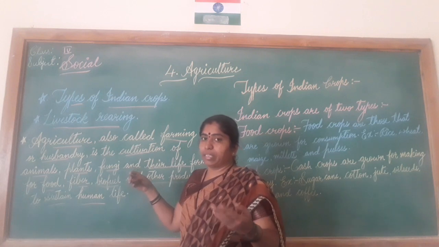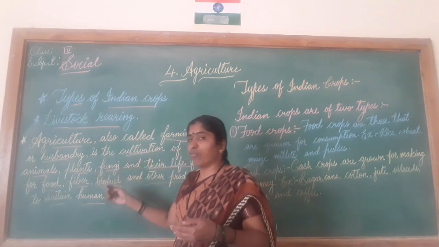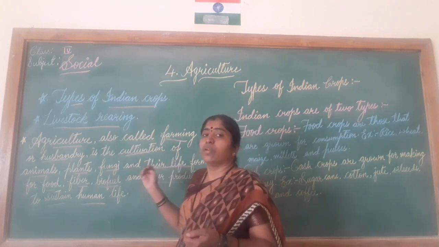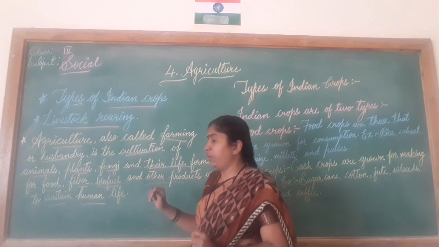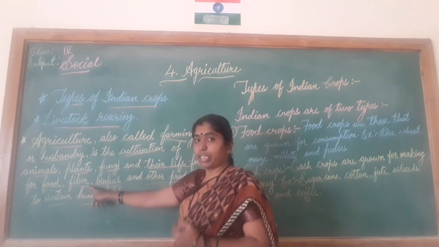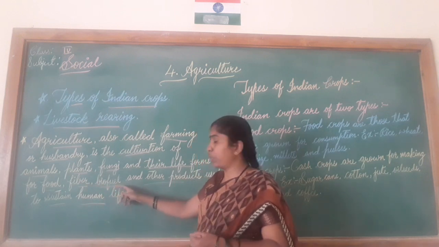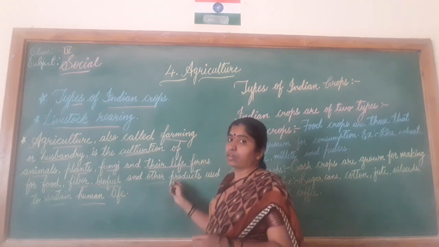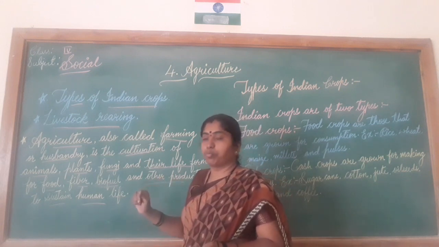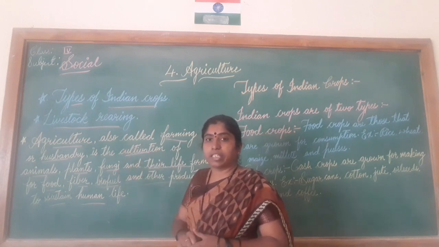Maybe it is taking care of animals and growing plants, fungi and other life forms. Why do we do it? We do it to get food, fiber, meaning clothing, biofuel which we use for cooking, and other related products. So for this we do agriculture.